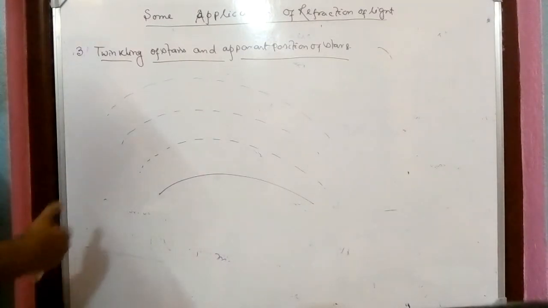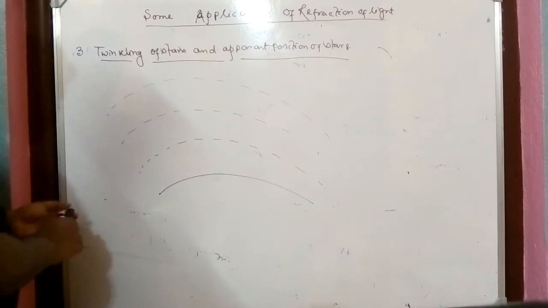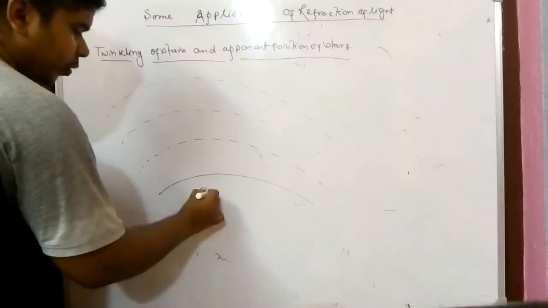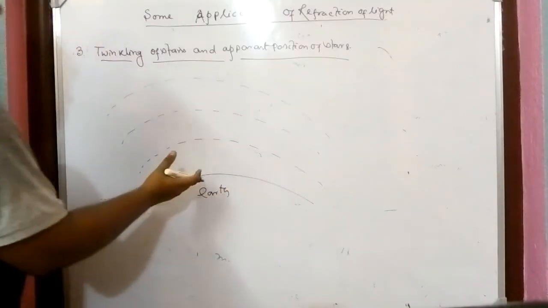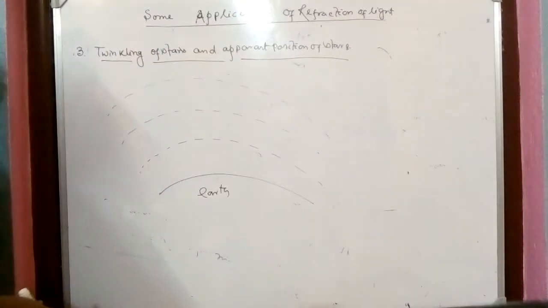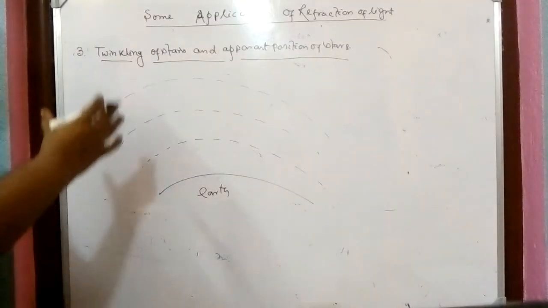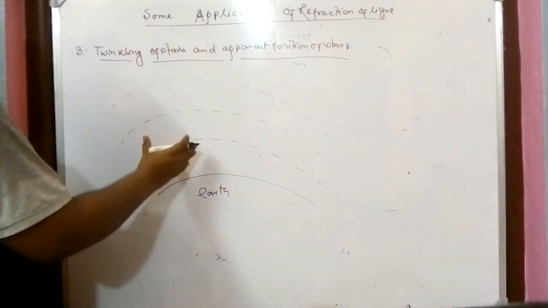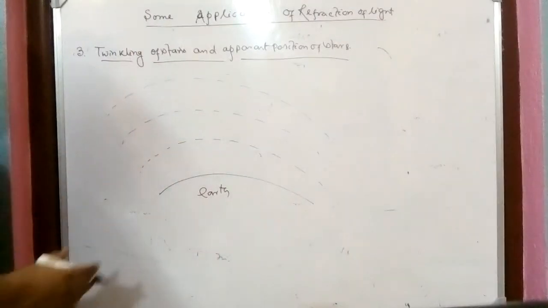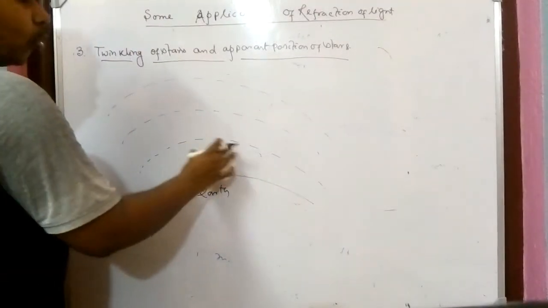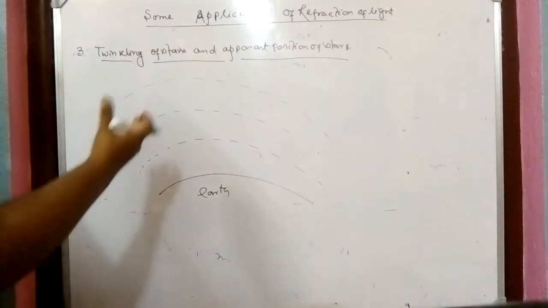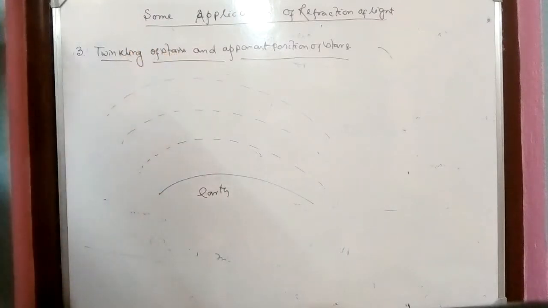As we approach upward from the surface of earth, the optical density of the medium decreases. Definitely more particles are there nearer to the surface, so the optical density is more. As we go upward, the optical density is decreased.